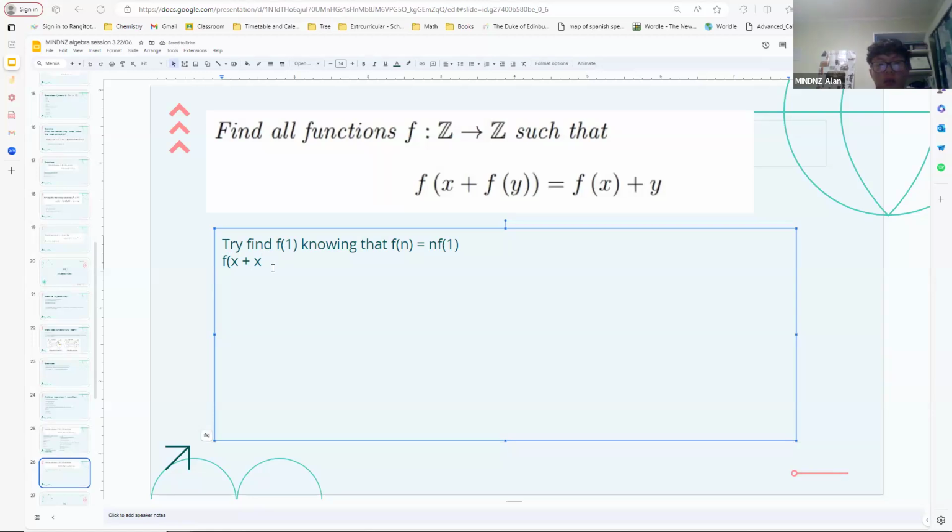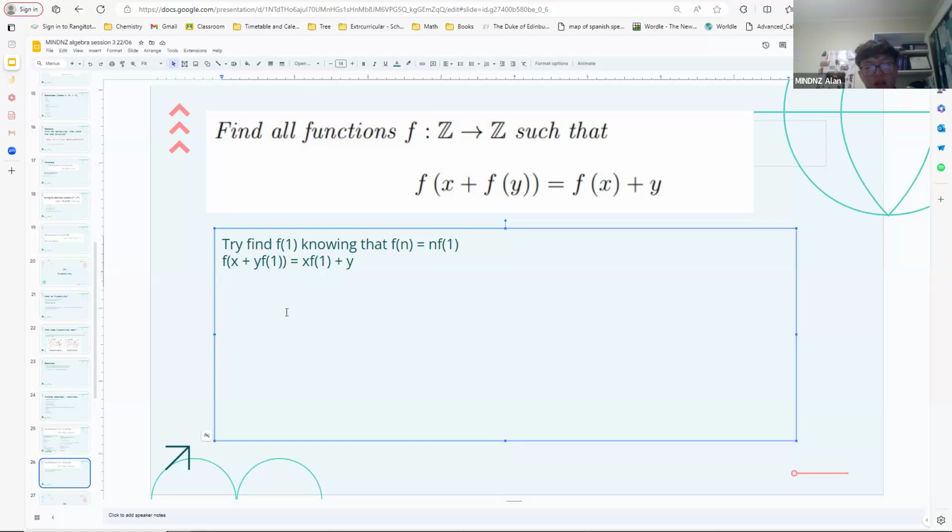So basically, we have f of (x plus y times f of 1) equals x times f of 1 plus y. But then we know what f of n is, and this thing is just one of those n, right?